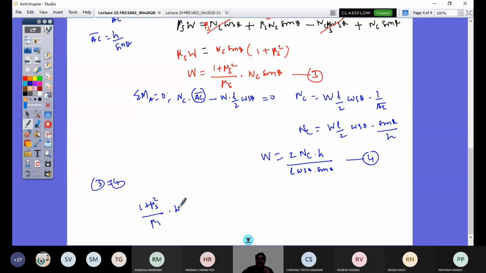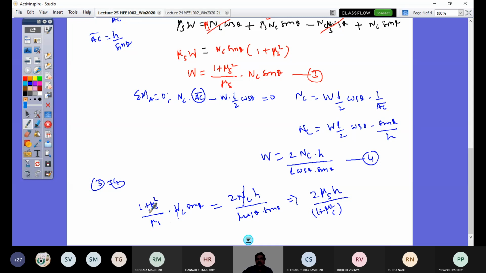So this NC goes off. I would now have the expression 2H. This mu s goes on this side, so 2 mu s H by 1 plus mu s square. So this mu s goes up there and this comes in the denominator.